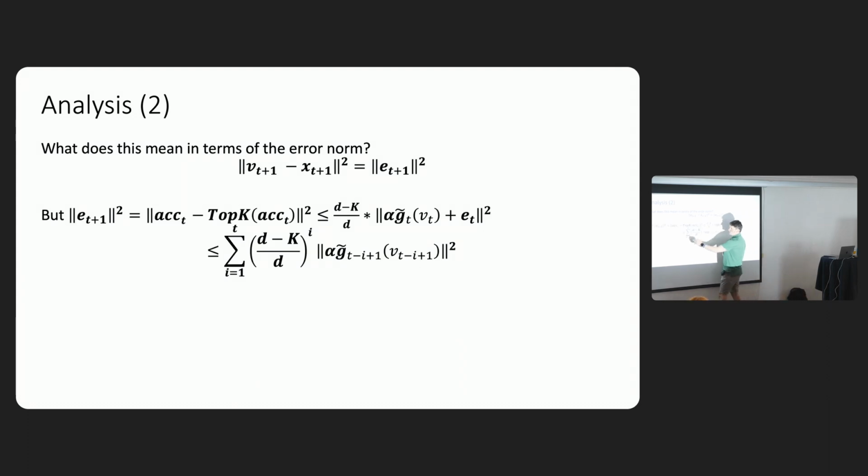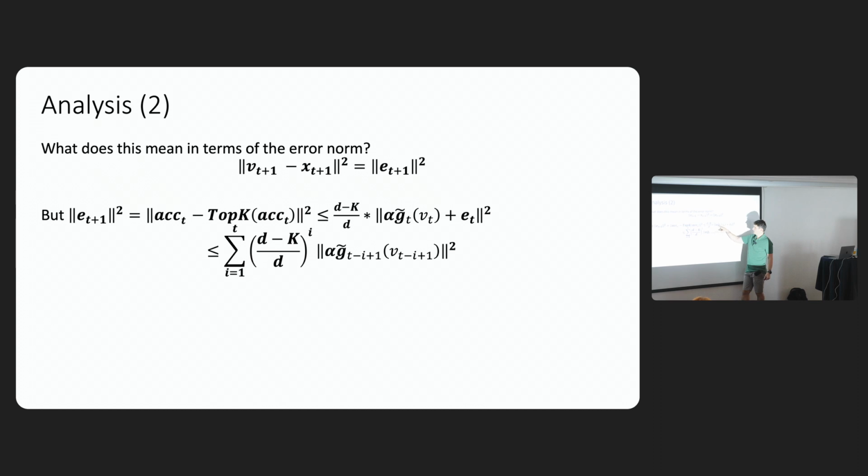So in order to do this, we derive this as follows. We know that this is an error, which means that it is a vector, this accumulated vector, minus the top k of the vector. However, by basic math, you can check this. The 2-norm of a vector minus its top k is upper bounded by d minus k over d, where d is the dimension, times the norm of the vector itself.